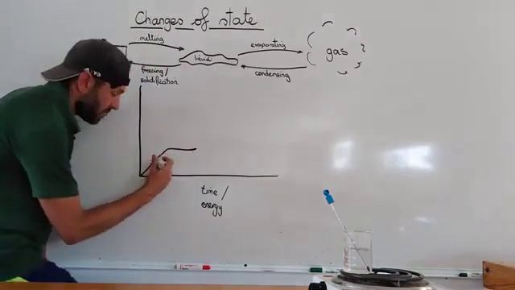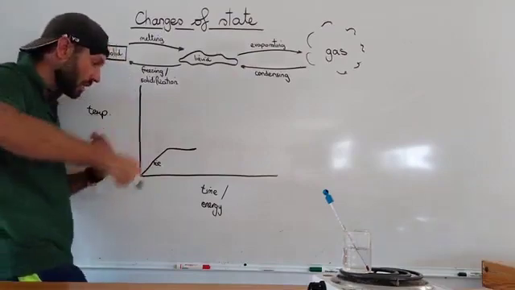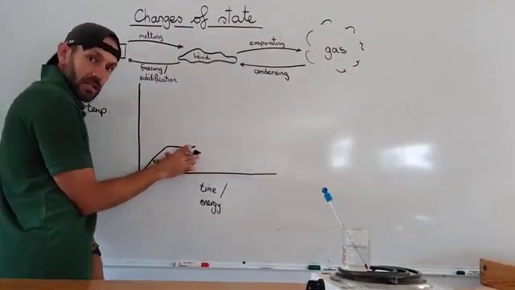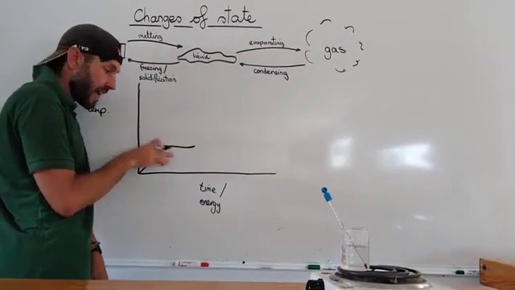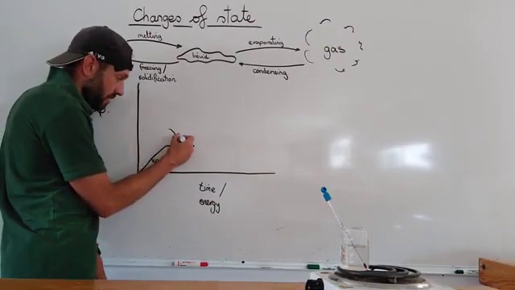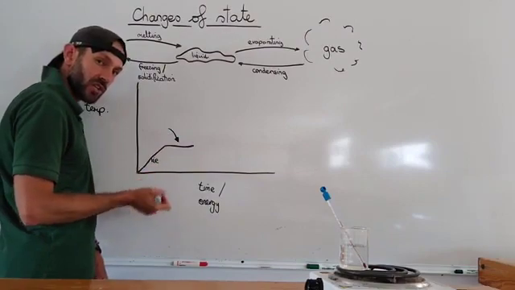At this point here, this was the ice cube. Yeah? I put energy in, the temperature went up. Now here, the temperature of the ice started to flatten out. It didn't go up for a while. And at this point here, it started to change state.